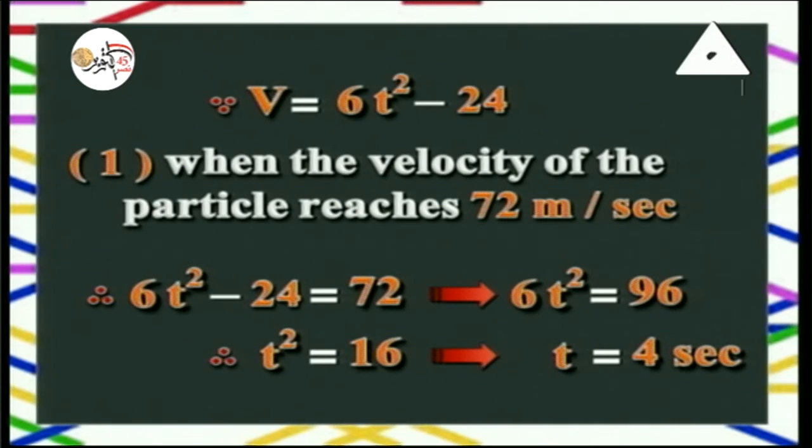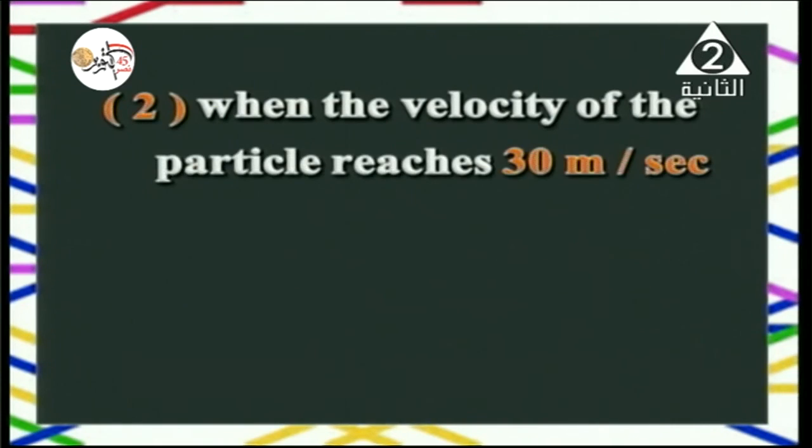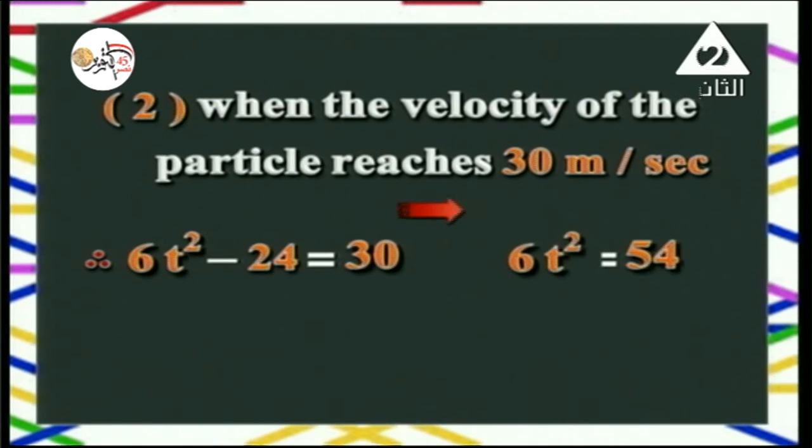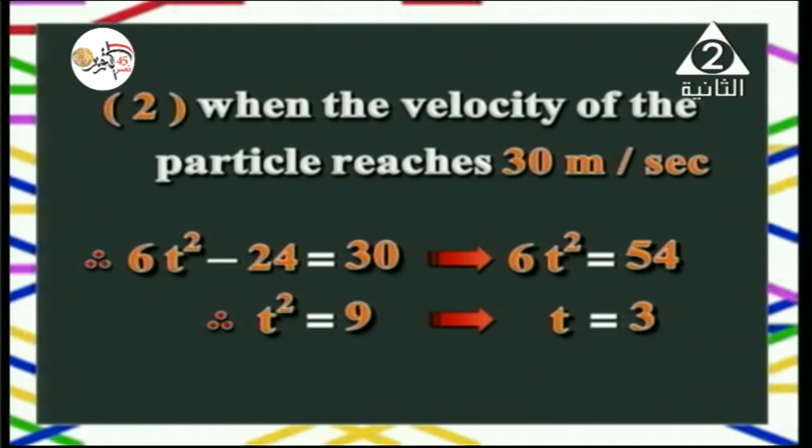My dear student, when the velocity of the particle reaches 30 meters per second, by substitution in the same relation, 6t squared minus 24 equals 30. Therefore, 6t squared equals 54. What is t squared? Equal to 9. Therefore, t equals 3. When the velocity reaches 30 meters per second, t equals 3.